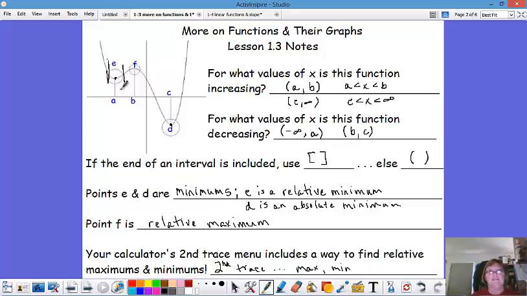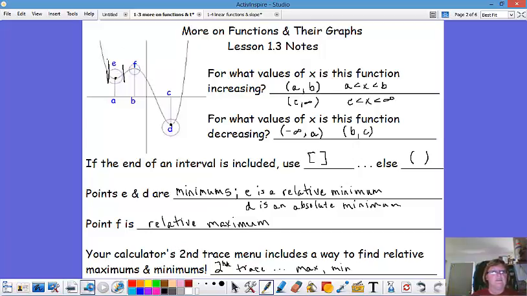So it's second trace, min, set the boundary, and then enter one more time, and it'll give you the x value at which that minimum occurs. Actually gives you the y value as well.